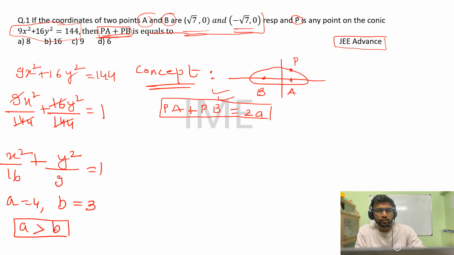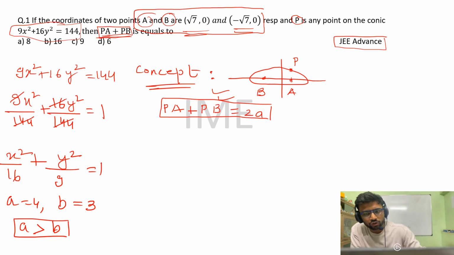So we have to find the coordinates of the foci, and if those coordinates are the same as the coordinates of A and B, then we can say that A and B are the foci of the given ellipse.